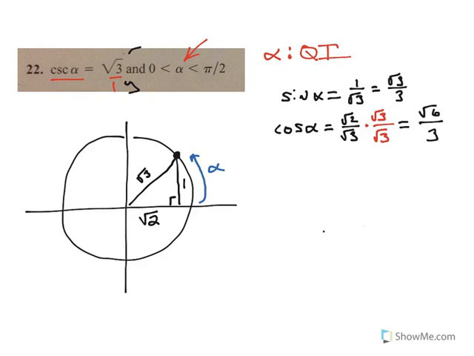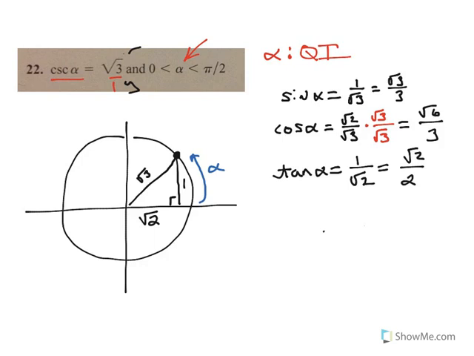So there's the rationalized form. The next one, tangent. Tangent is y to x, so that's going to be 1 to radical 2. And again, rationalize that, multiply top and bottom by radical 2, so you're going to get radical 2 up top and a 2 down bottom.